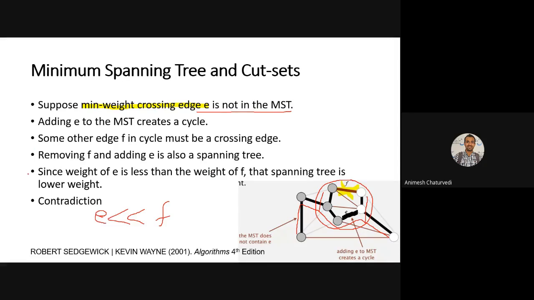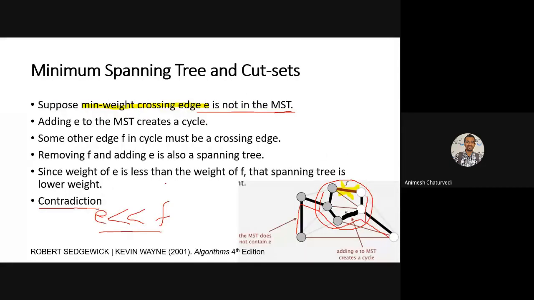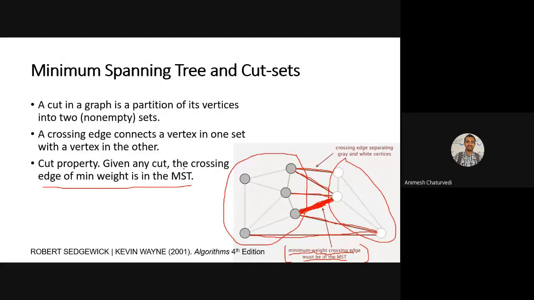This leads to a contradiction: initially you assumed that it is not part of the MST, but it must be part of the MST. Because we replaced F with E, and E is less than F, the MST containing E should have a smaller total weight. Thus, we have proved the theorem that, given any cut, the crossing edge of minimum weight is part of the minimum spanning tree.